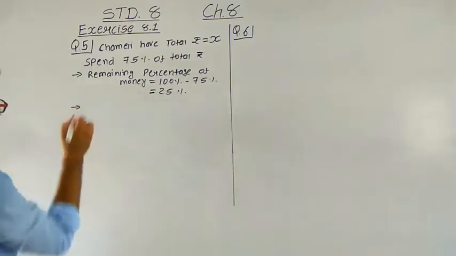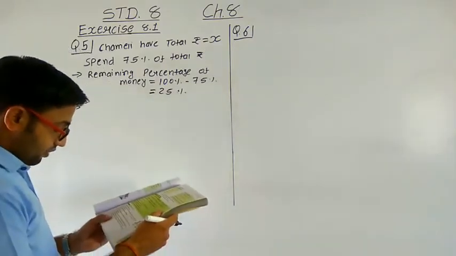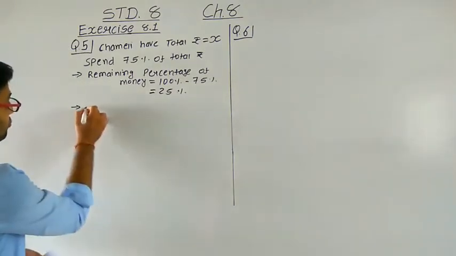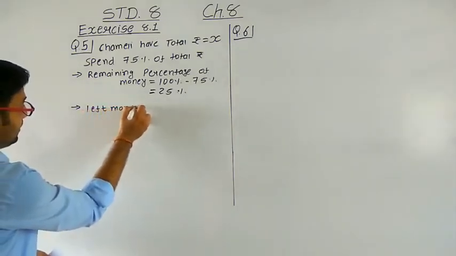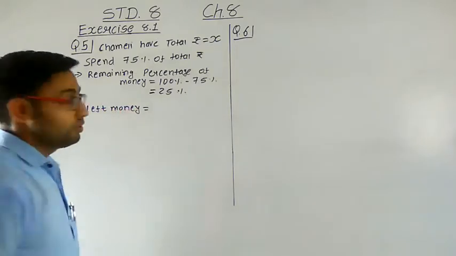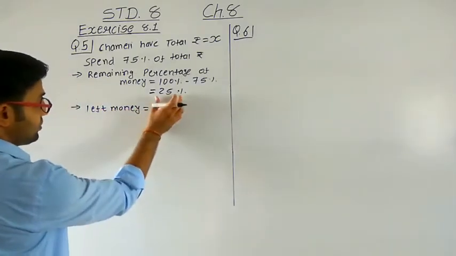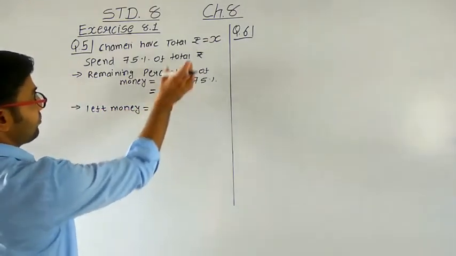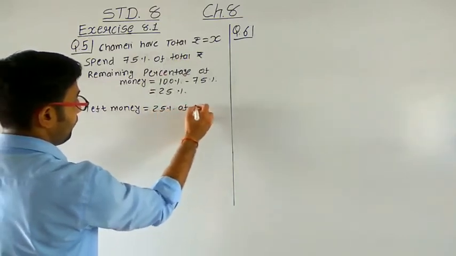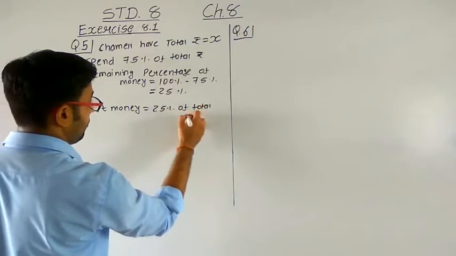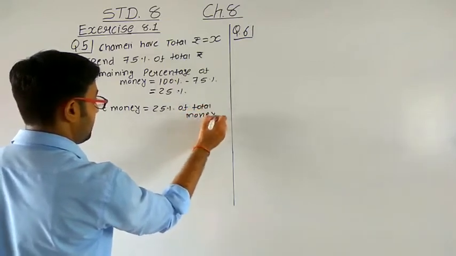And how much is left? 600. So we can write down that the left money is 25% of the total. That is 25% of total money.